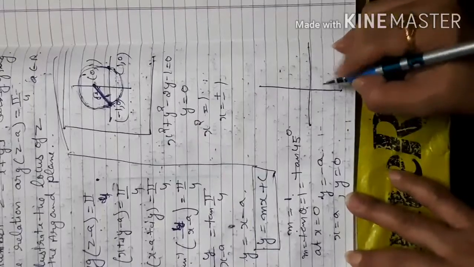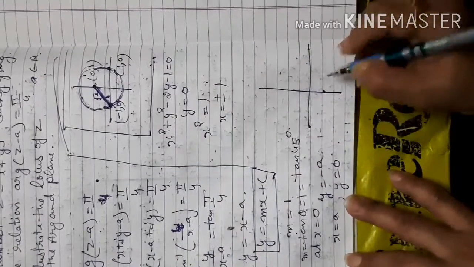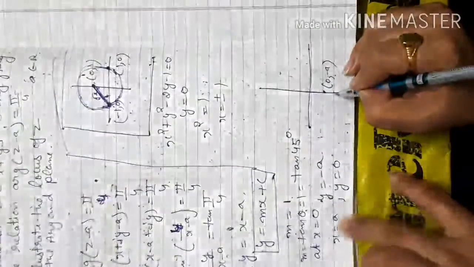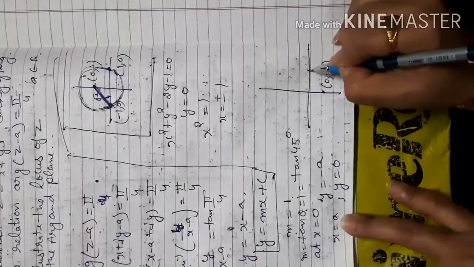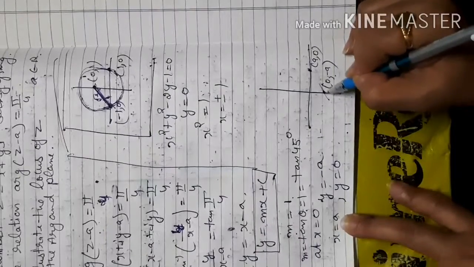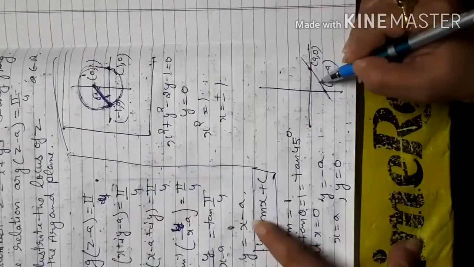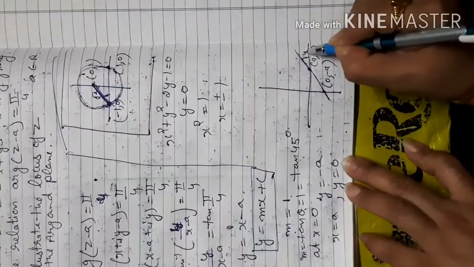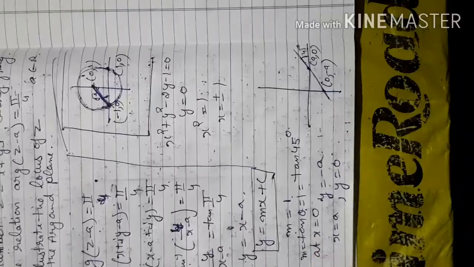If x is 0, a point is here where y is minus a, that is 0, minus a. And another point here will be a, 0. So when you join these, this line is my straight line and this angle will be 45 degrees. So this is my required answer.